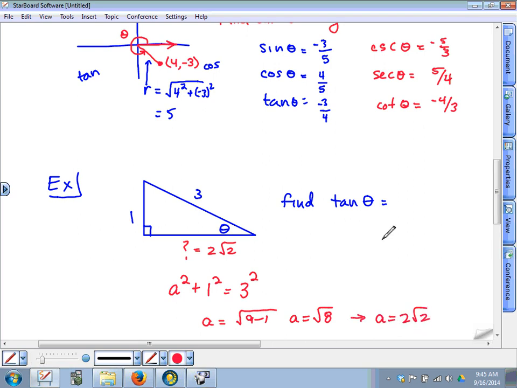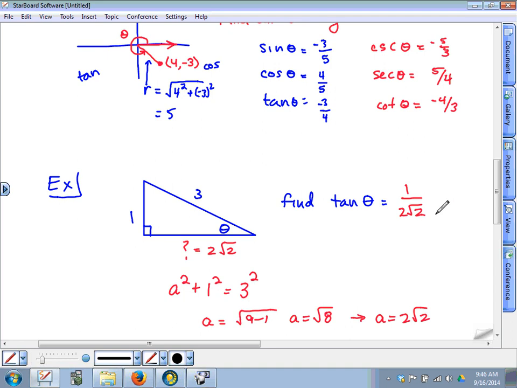Very good. So what is the tangent now? 1 over 2 square roots of 2. You're not going to want to leave it like that. No, we have to rationalize. You have definitely got to rationalize. How do you rationalize?